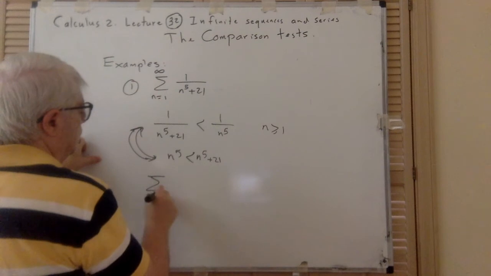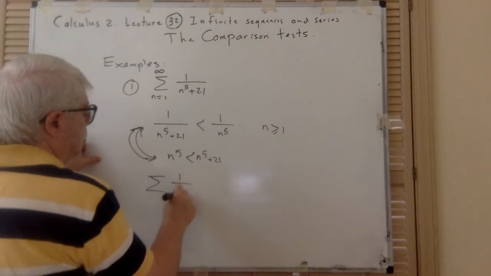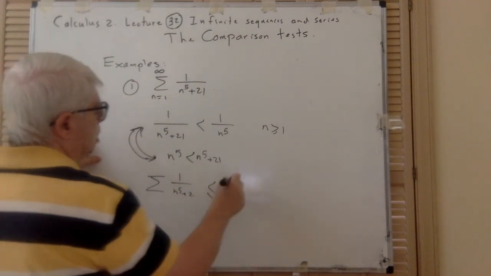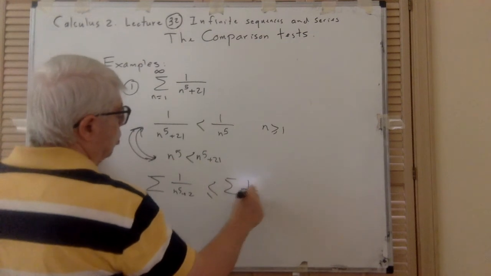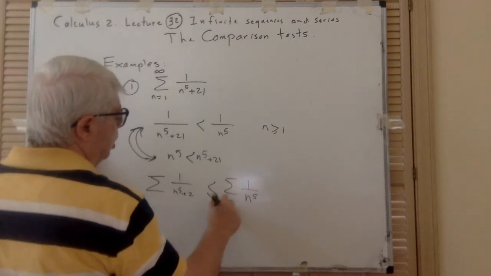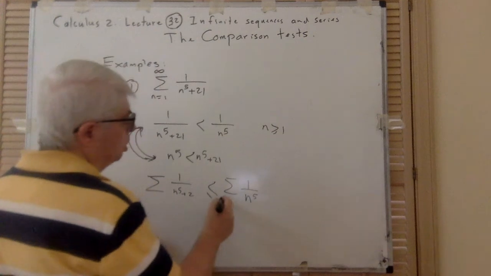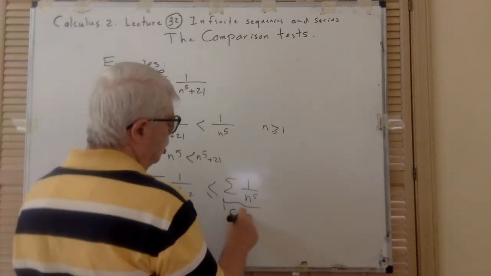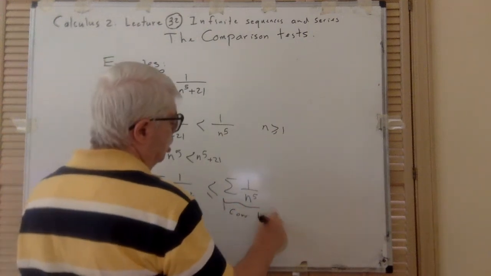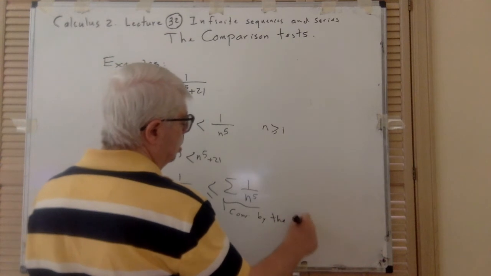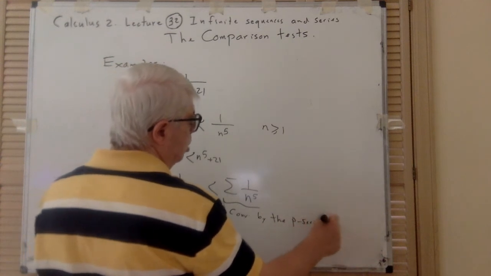I have sigma 1 over n^5 plus 21, and this is less than or equal to sigma 1 over n^5. This is in fact convergent by what I call the P-series theorem.